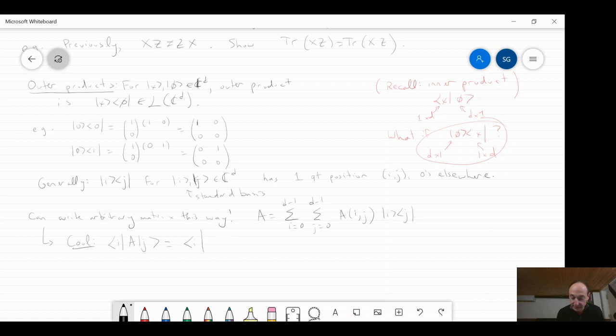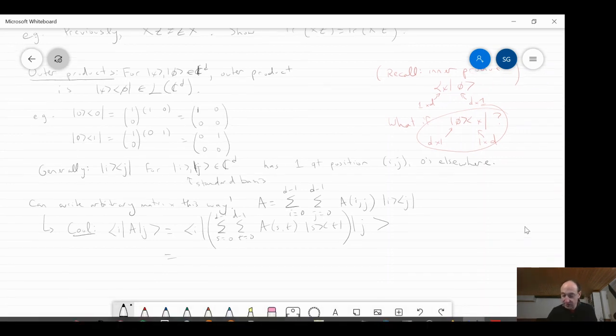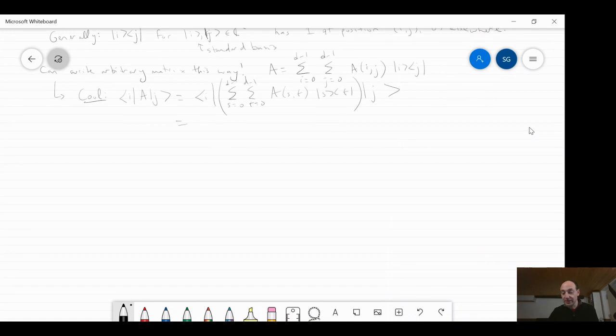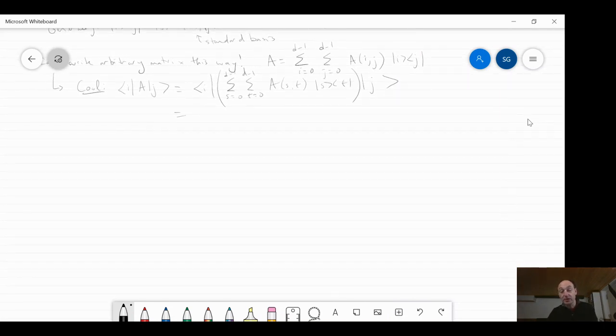What is <i|A|j>? And let me use maybe a different notation here. Sum over s equals 0 up to d minus 1, sum over t equals 0 up to d minus 1 of A_st <i|s><t|j>. So here what I did is I just plugged in, of course, this outer product expansion. And what I like about this computation is that it's going to start getting you used to just playing with these bras and kets.